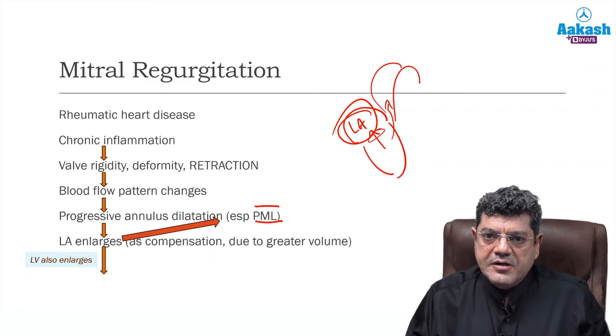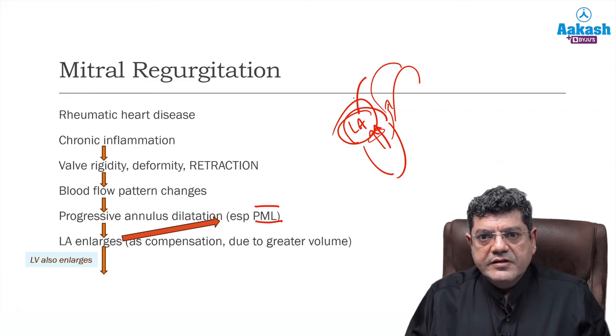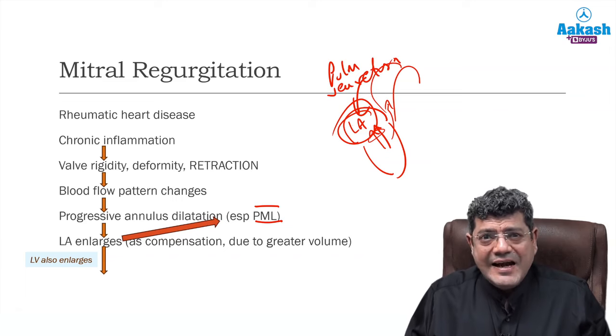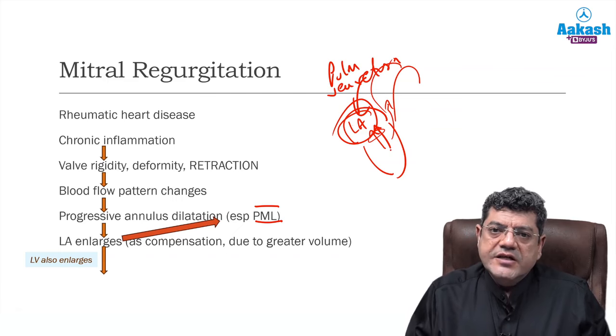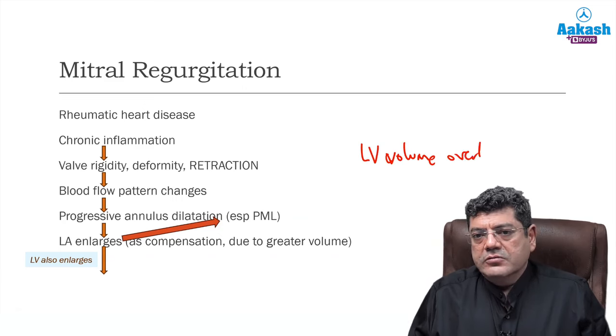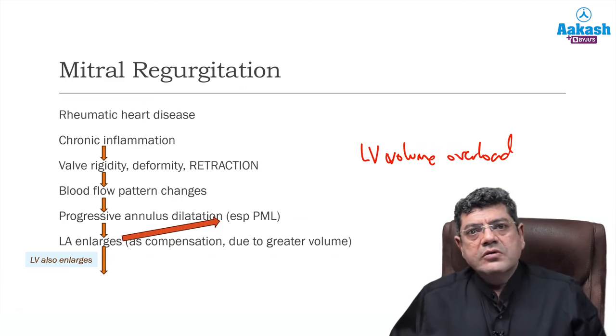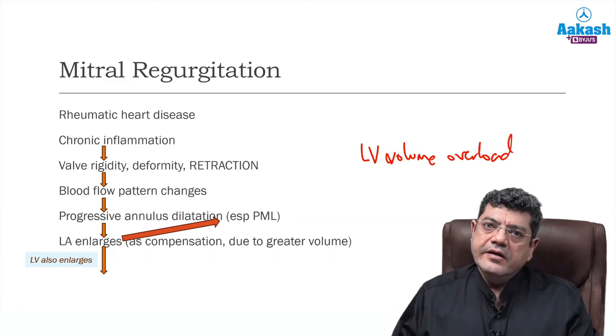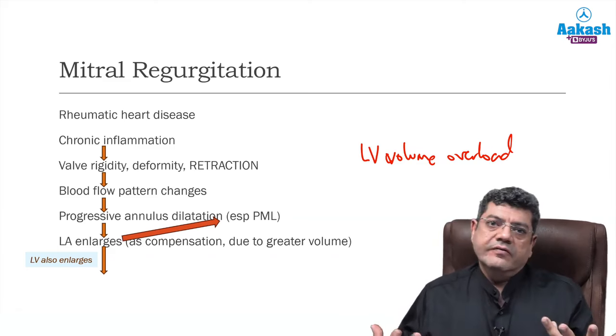Gradually, as the regurgitation increases, the left atrium is also receiving pulmonary venous return. The regurgitant jet and the pulmonary venous return keep adding up and cause a left ventricular volume overload. Over time, initially it will hypertrophy, it will dilate and compensate, eventually it will fail.